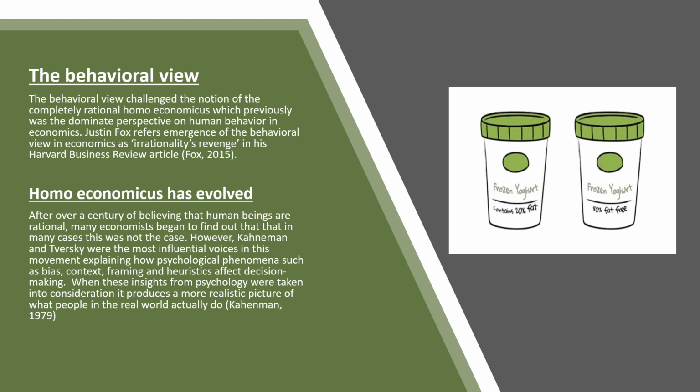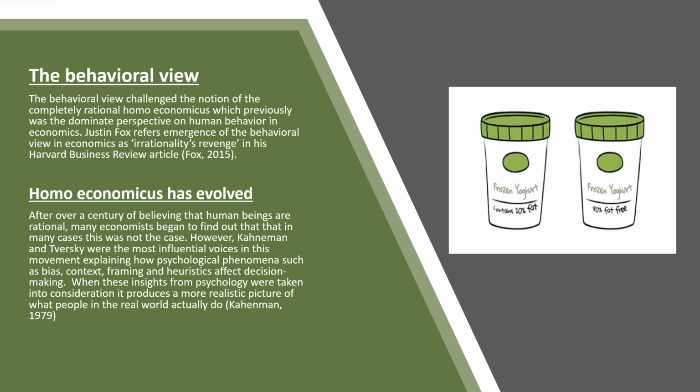There are lots of psychological phenomena, such as bias, context, framing, and heuristics that affect our decision making. And when these insights from psychology were taken into consideration, it produced a more realistic picture of what people in the real world actually do, as opposed to what we would like them to do.